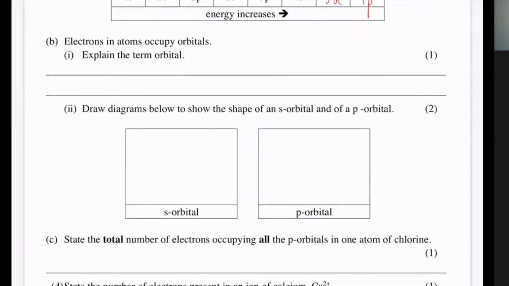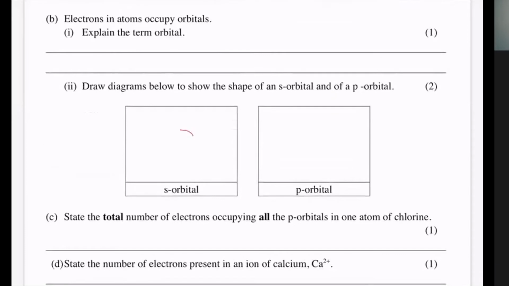For the next part, because it's hard for you to draw, I'm just going to show you the answer. For an s orbital, you just draw a circle. For the p orbital, because it didn't tell you whether it's py, pz or px, you just draw the dumbbell shape like this.